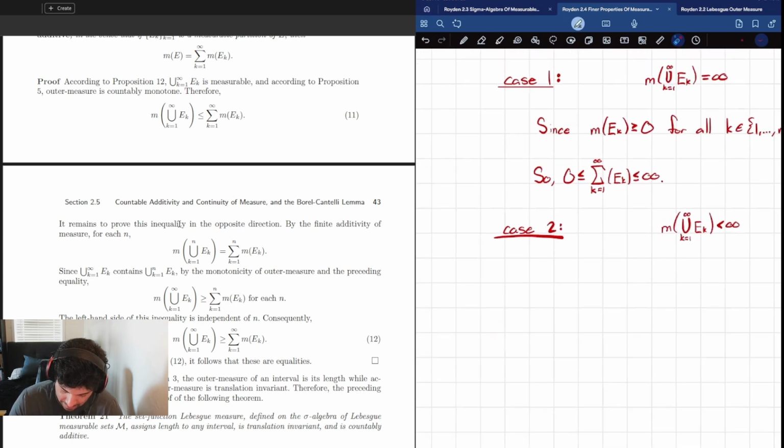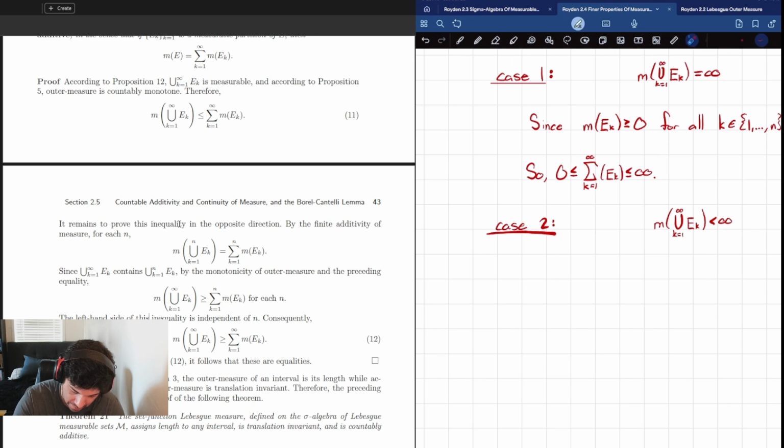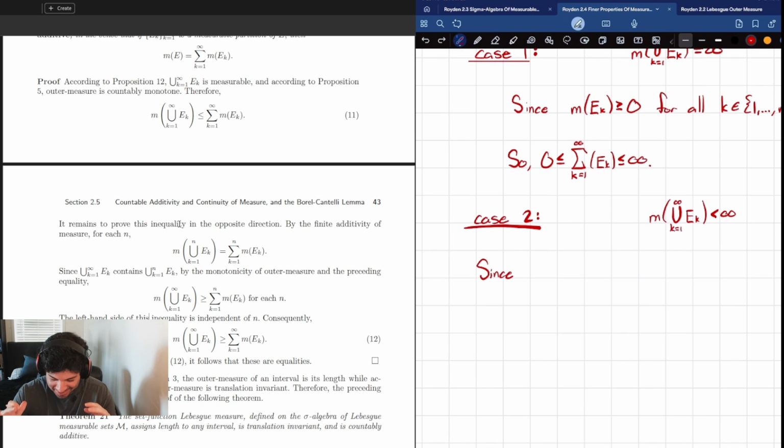Okay, so since m of e sub k is... okay, one thing I should note. Okay, I can do this. I want to make sure that the logic flows nicely.